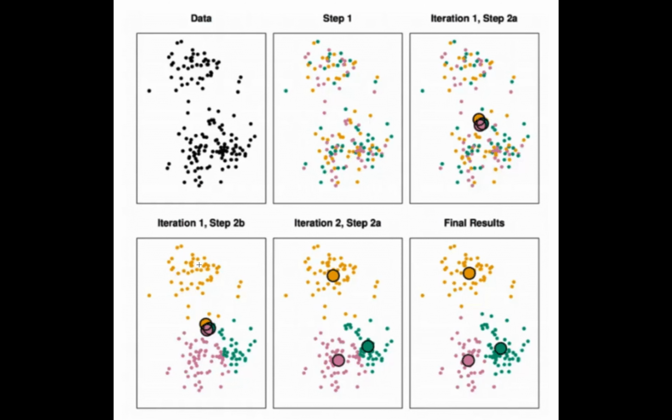So we color them yellow and put them in this cluster. The same goes for group pink and group green. And we repeat those two steps again and again until the clusters stop changing. Then we get our final results.